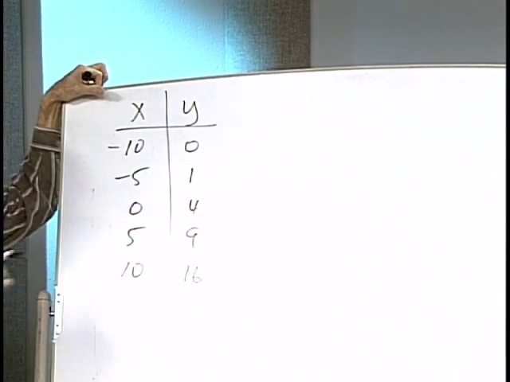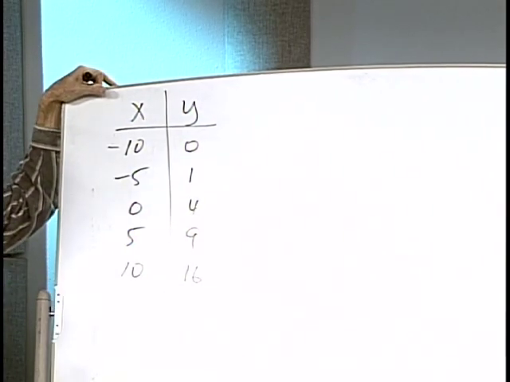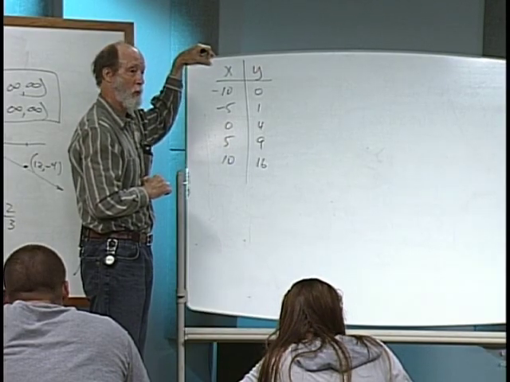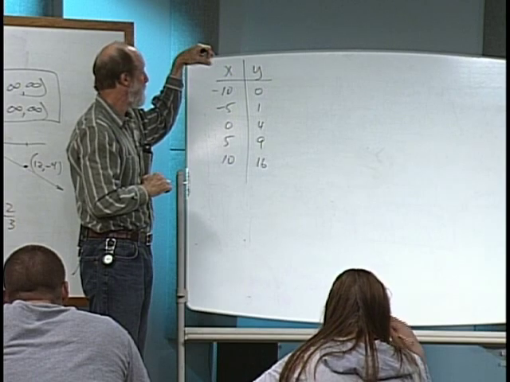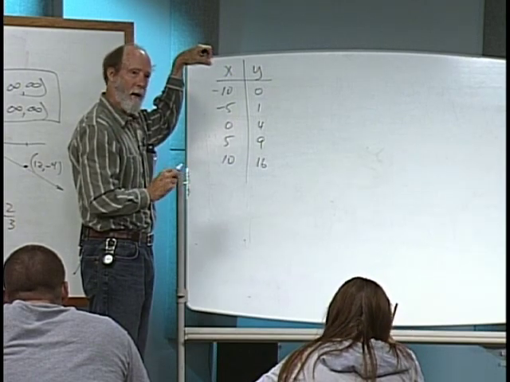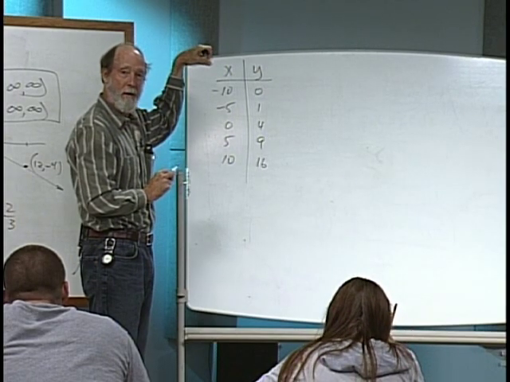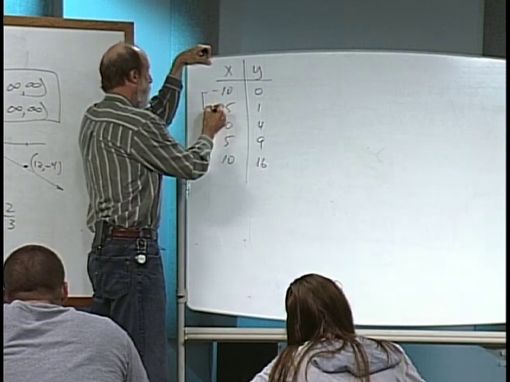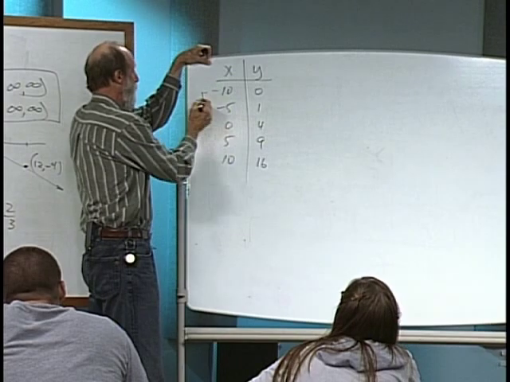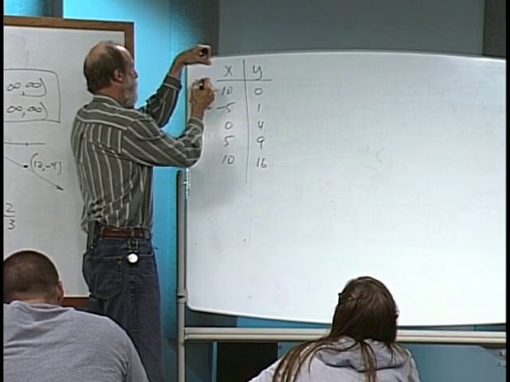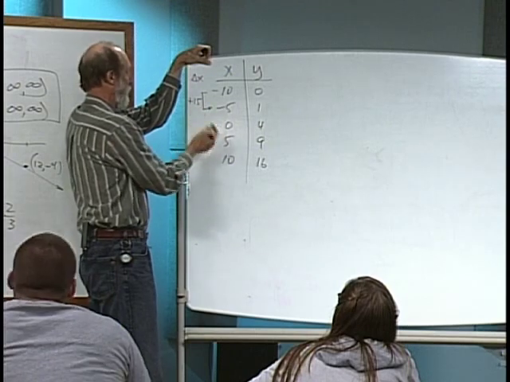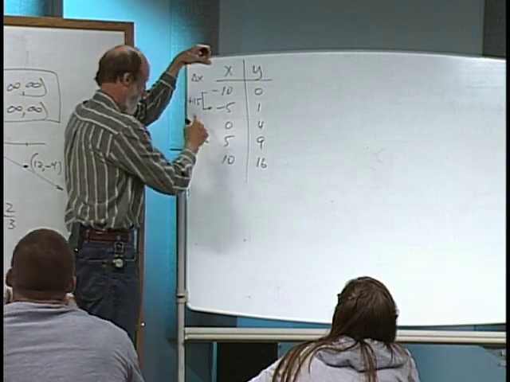Looking at this data, is it linear? Is this data linear? What would have to be the requirement for it to be linear? For any change in x, in this case, the change in x, oh, hold it.